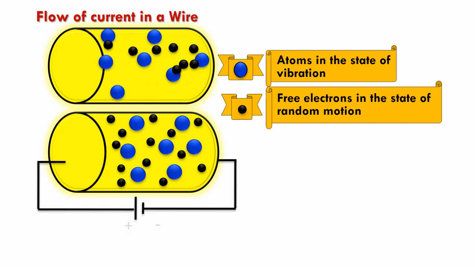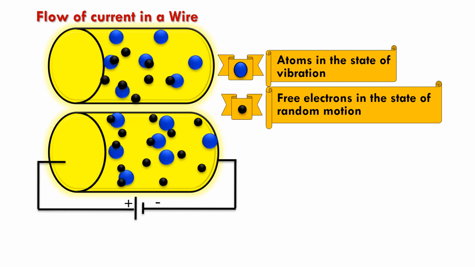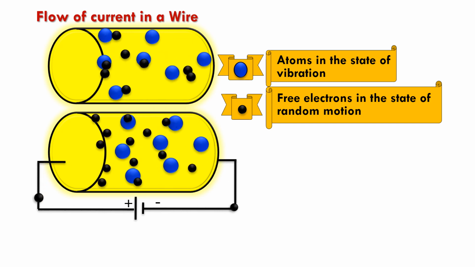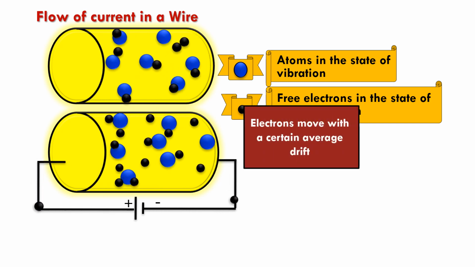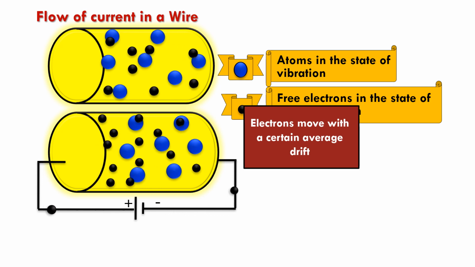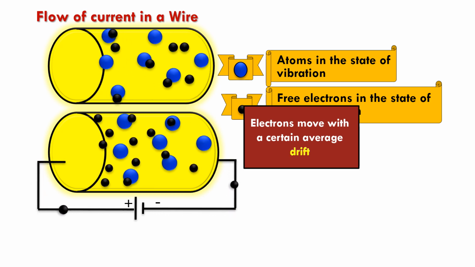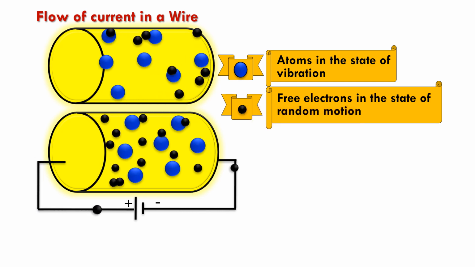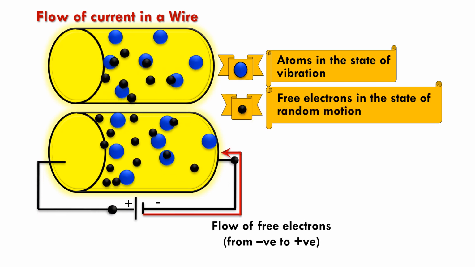Now they are connected to a battery, a cell with positive and negative terminals. Now see, electrons are flowing. Electrons move with a certain average drift. This is the average velocity, or drift velocity, as we call it.